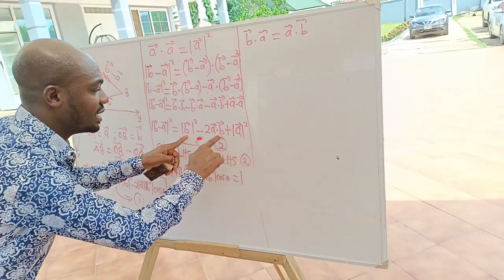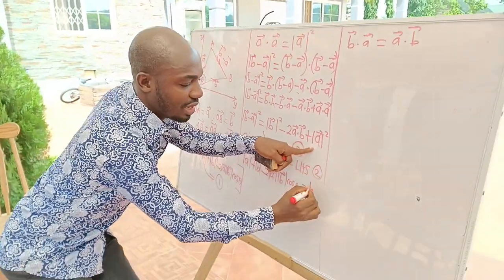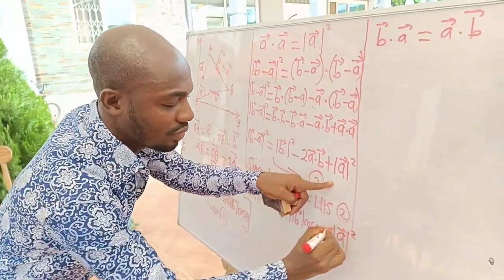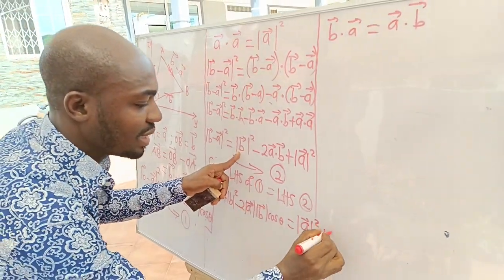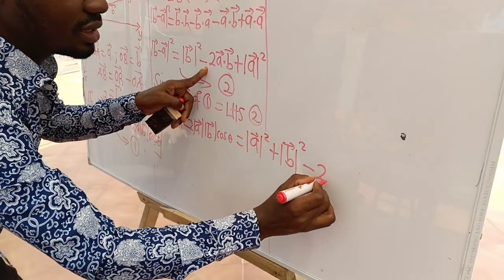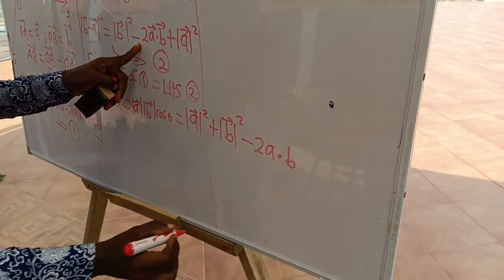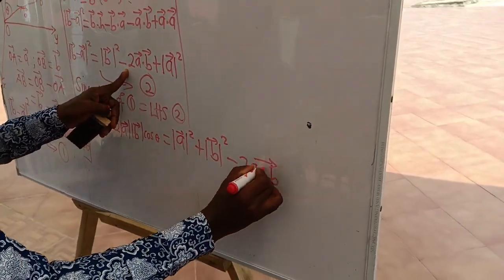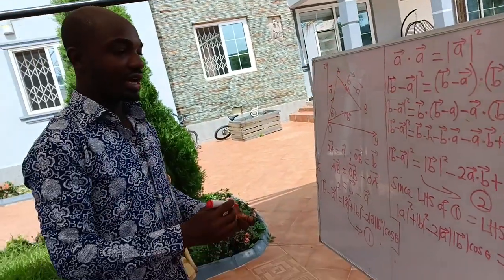I'm going to rewrite this by starting with the magnitude of a squared, plus the magnitude of b squared minus twice a dot b, and that is what we have.